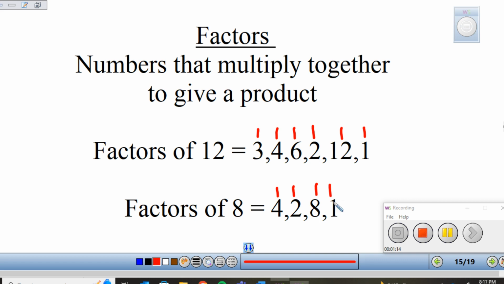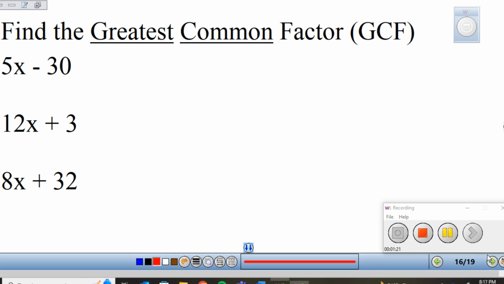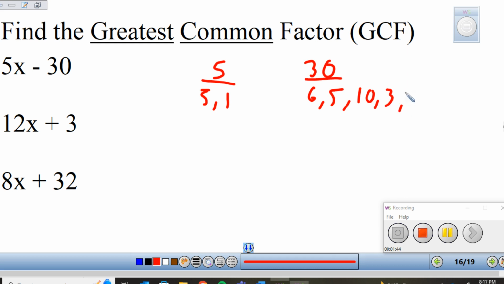Now we're going to teach you how to find the greatest common factor, or GCF. The greatest common factor is the highest factor that both terms have in common. So for 5x minus 30, we look at the factors of 5, which are 5 and 1. And then 30 has 6 and 5, 10 and 3, and of course 30 and 1.